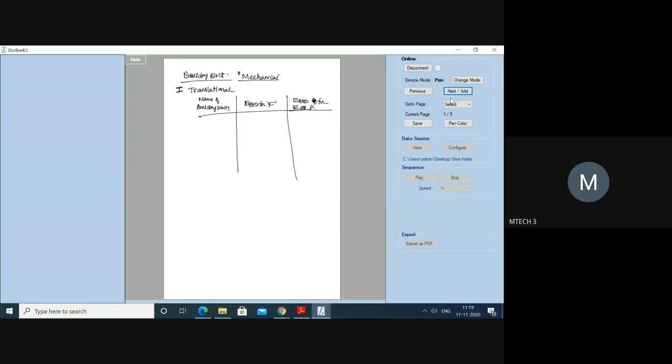Write down one by one: spring, dashpot, mass. Write down the equations.